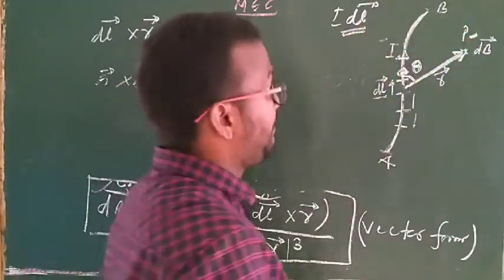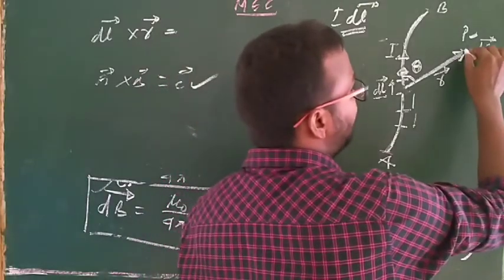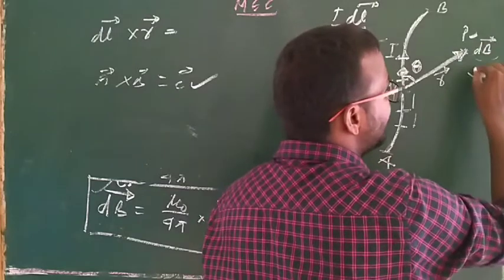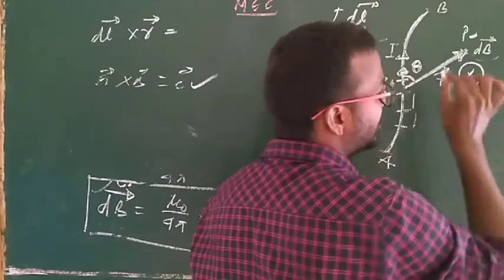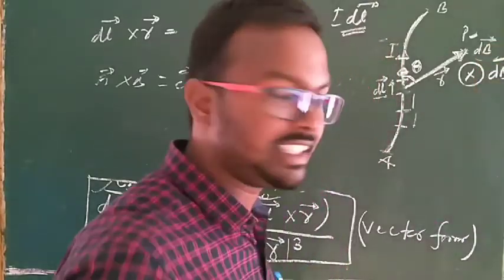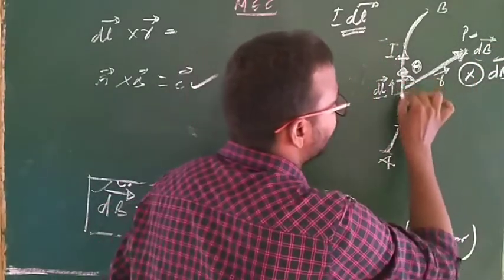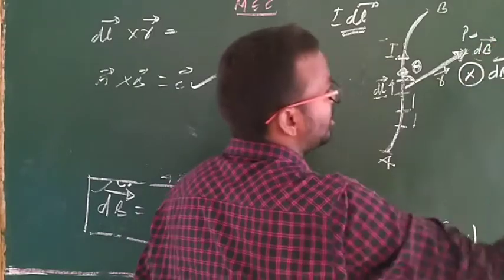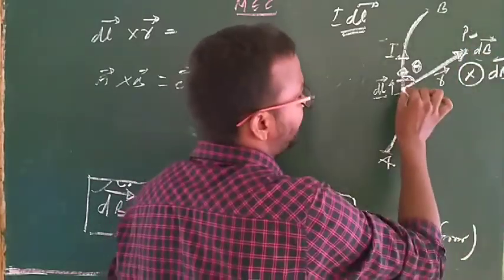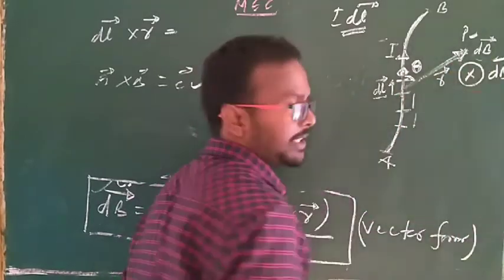That means if we find the direction of magnetic field at point P, in this point the direction of B is inward, which we can represent by a cross, that is dB vector. Clear? So for this small element, the direction of dB is inward and perpendicular to this board, because of the plane of dl and r vector.